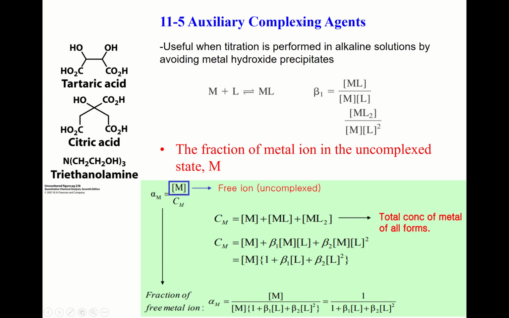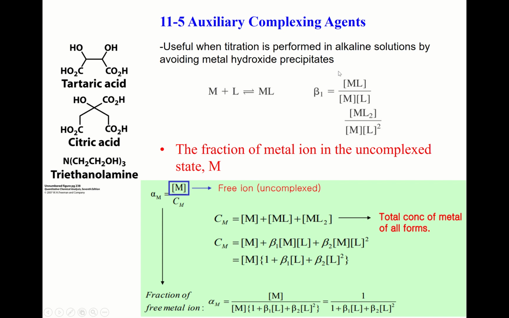As you saw, the best titration with EDTA is done at quite basic conditions, because at basic conditions the alpha Y4- value becomes large, so the conditional formation constant is quite large as the solution becomes more and more basic. But there is a problem. At basic conditions, many metal ions form precipitates by reacting with hydroxide.